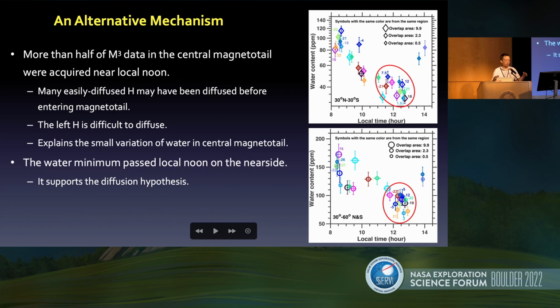The weakly bonded hydrogen can be diffused out faster at that time. When the moon approached noon time, only heavy, strongly bonded hydrogen was left, so the diffusion will be very hard. And then we see a constant steady state in the central magnetotail. And also we see a slight shift of the local minimum of water content past the local noon at 12.